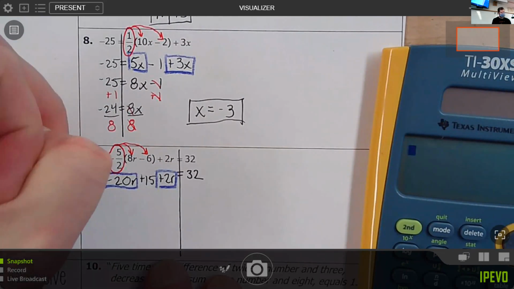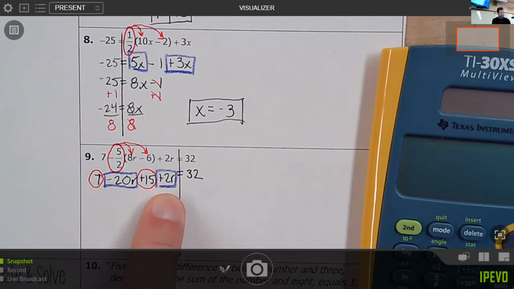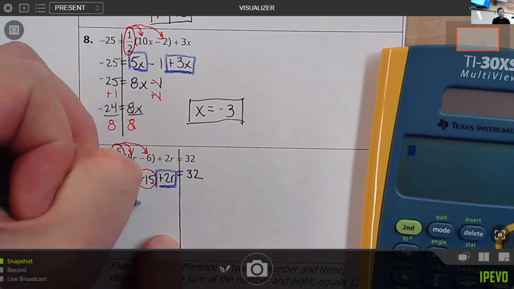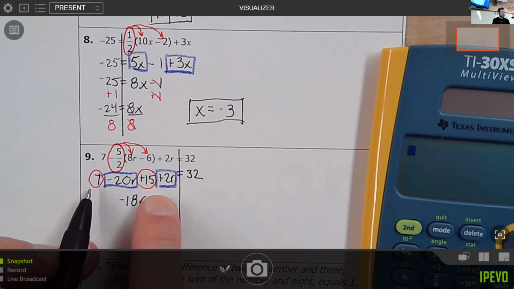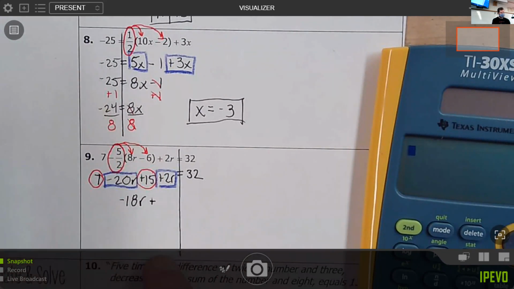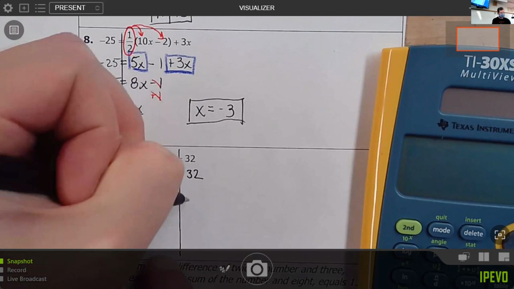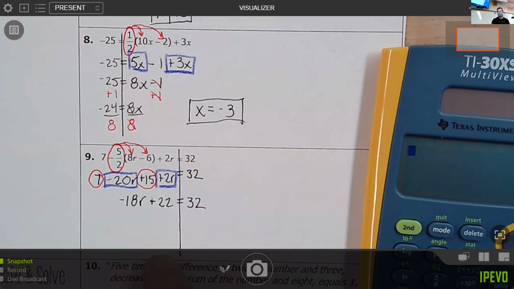Positive 7, positive 15. The variable terms, negative 20 plus 2 is negative 18. So that's negative 18r. 7 plus 15 is 22. So plus 22 equals 32.